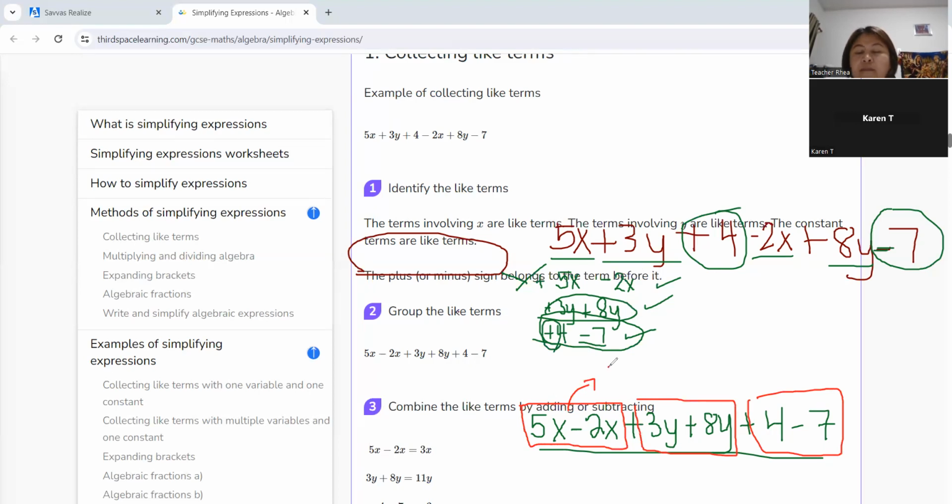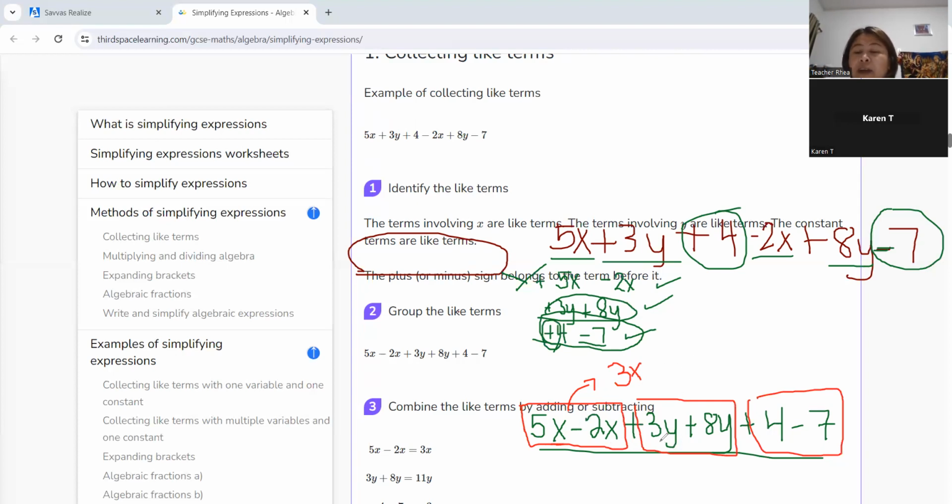Yes, 3x. You're not going to subtract the x, but only the coefficients. So 5 minus 2 is equal to 3, then copy the variable x.